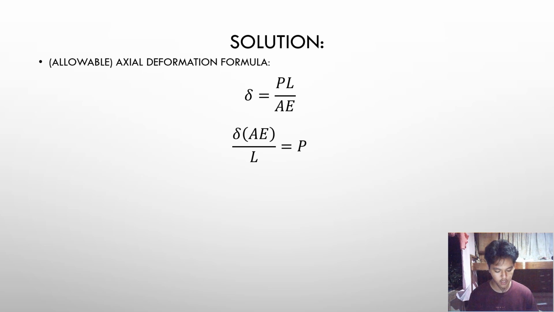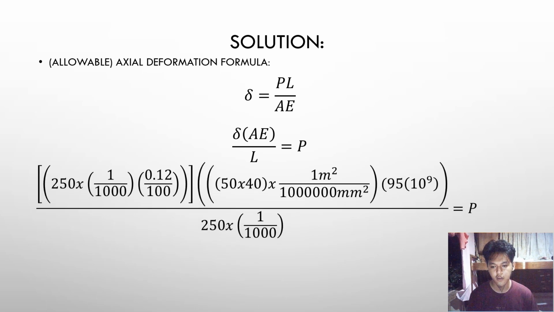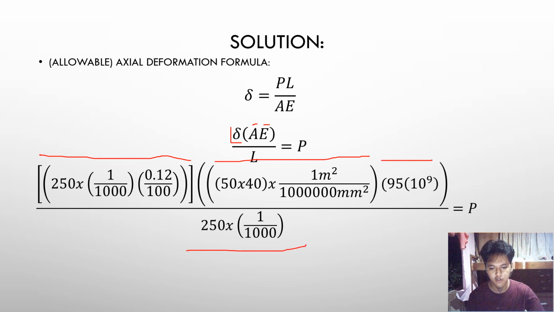As we put in all the givens, this side is the deformation, this side is the area, and this is the modulus of elasticity over the length, which is 250 times 1 over 1000. As we calculate this, we gain 228 times 10 to the power of 3 Newton. So the allowable deformation formula gives P as 228 kilonewton.